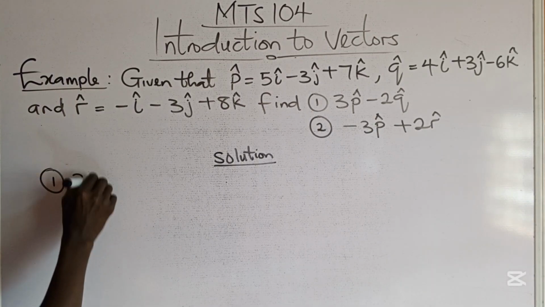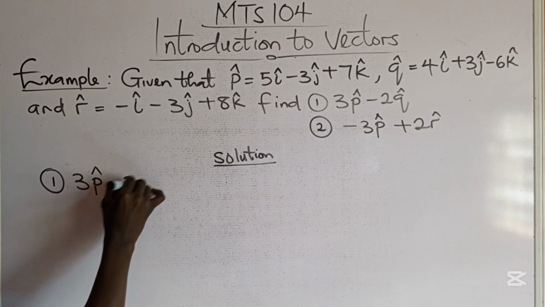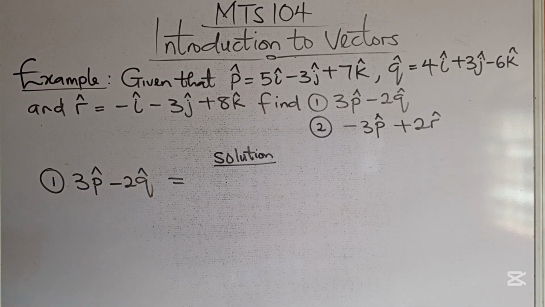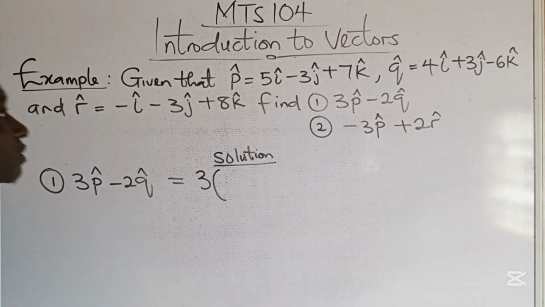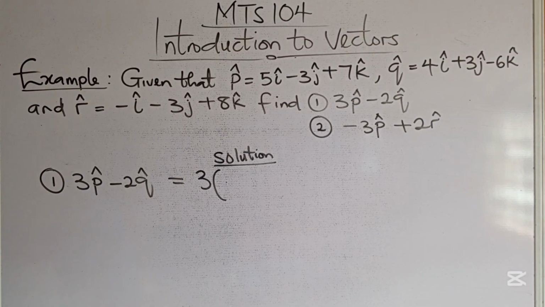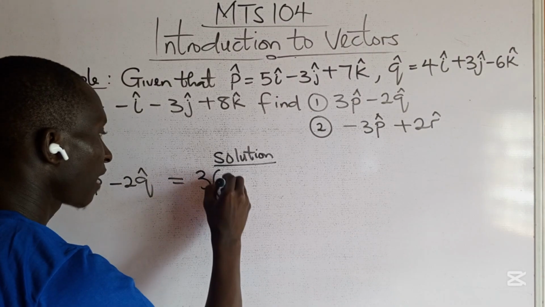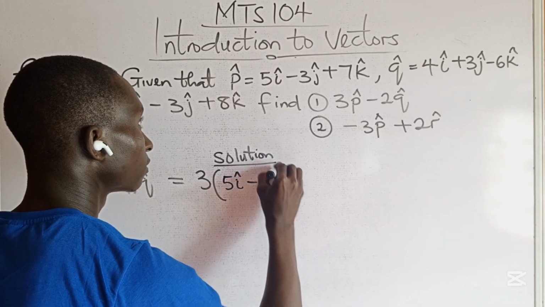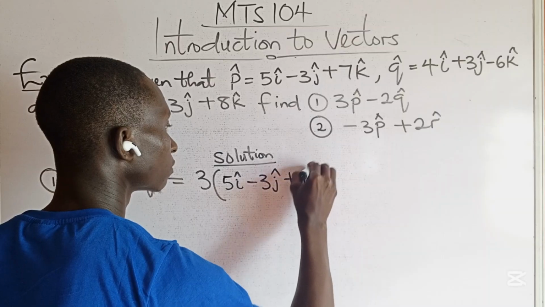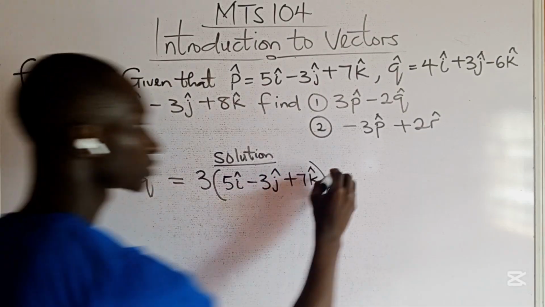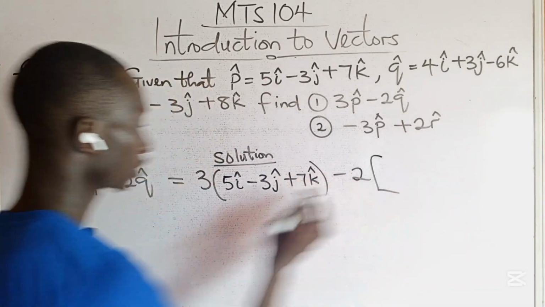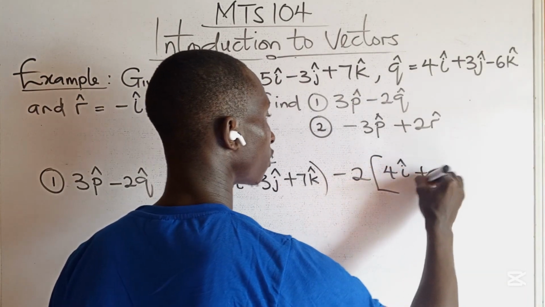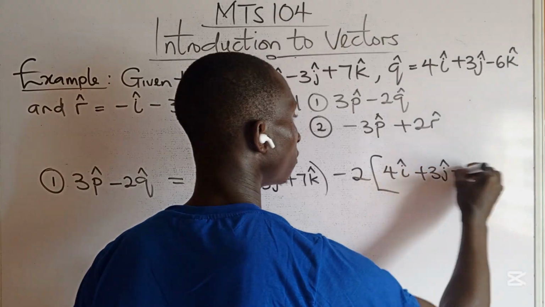We have 3P minus 2Q, which is equivalent to 3 into brackets P, which is 5I minus 3J plus 7K, minus 2 into bracket Q, which is 4I plus 3J minus 6K.